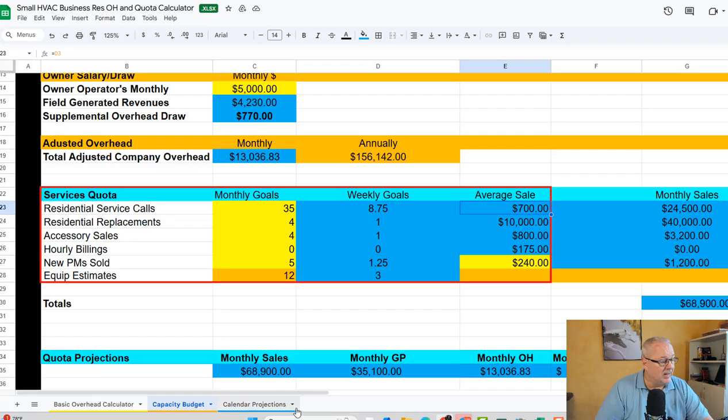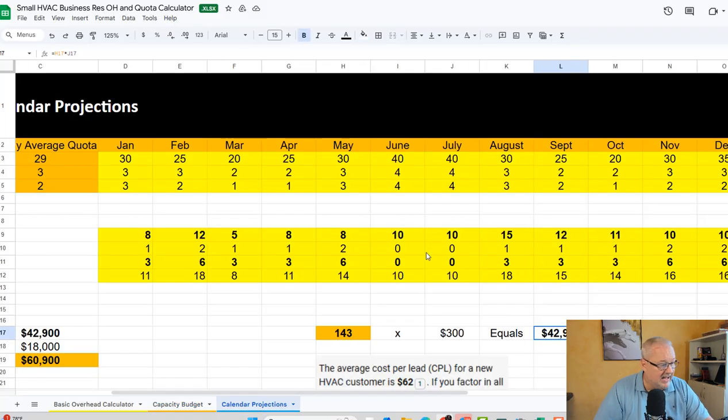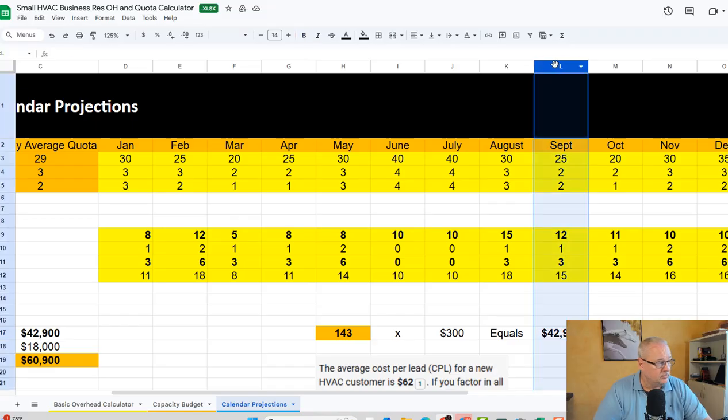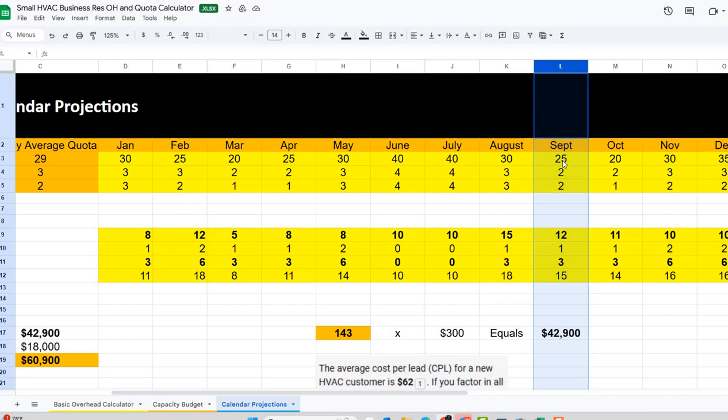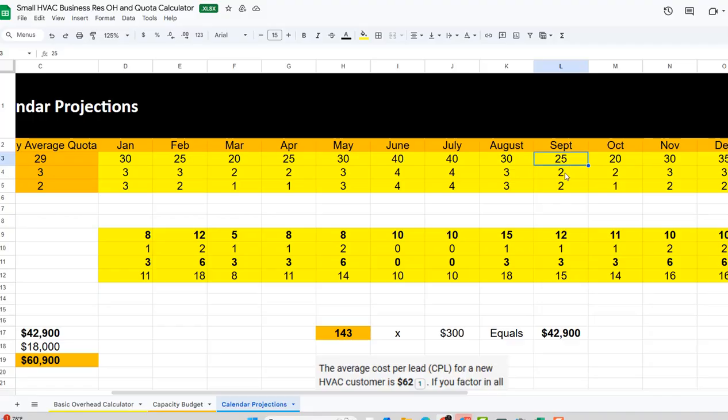And in order to do that, sometimes, and this is the next tab, we want to know. Let's say, for example, here in September, this small company needs 25 service calls and 2 change outs and 2 accessory sales, right? That's his quota. Well, he's realizing he's going to have to advertise to get 25 service calls in September. He thinks, based on his historical data, he's going to have to advertise to get 12.